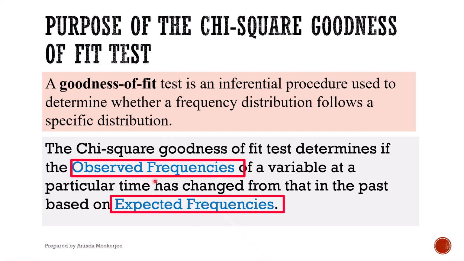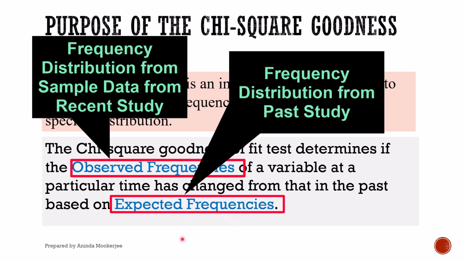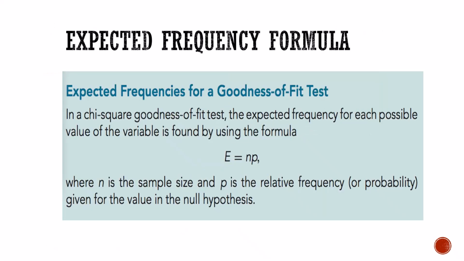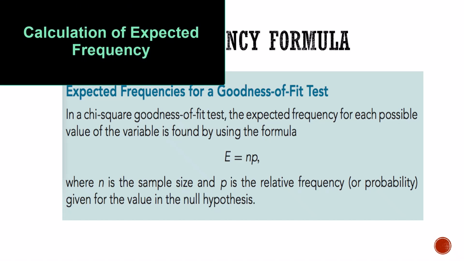Observed frequencies refer to the frequencies of a variable from a recent study, and the expected frequencies refer to the frequencies of the same variable from the past. All right? Now, before we go into the step-by-step procedure of performing a goodness of fit test, let's spend some time on understanding how we can calculate the expected frequency.